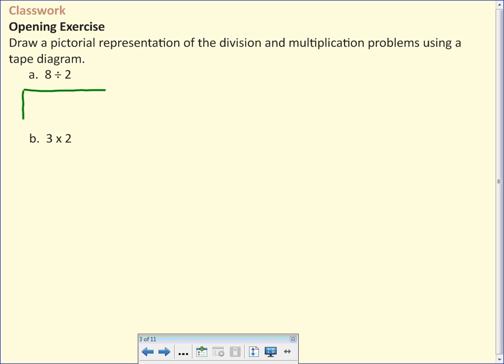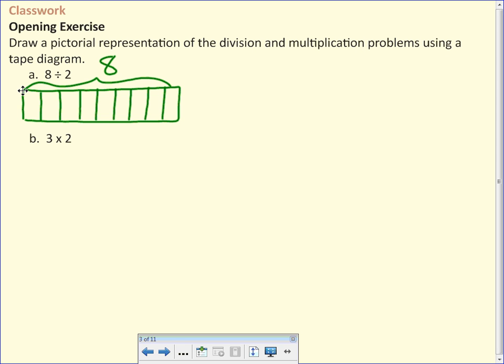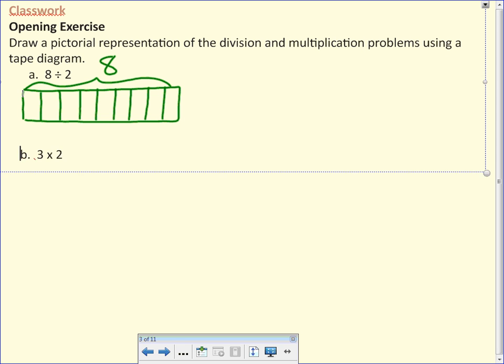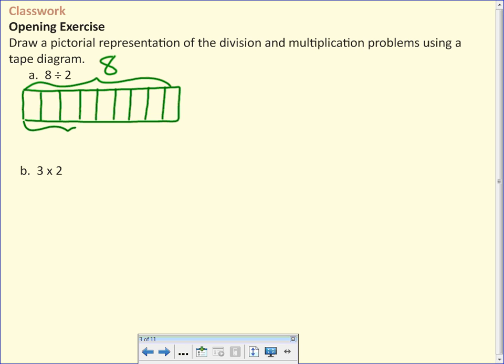So let's see. I have 8, and I'm going to divide it by 2. So this represents 8. If I divide it by 2, that's 4.